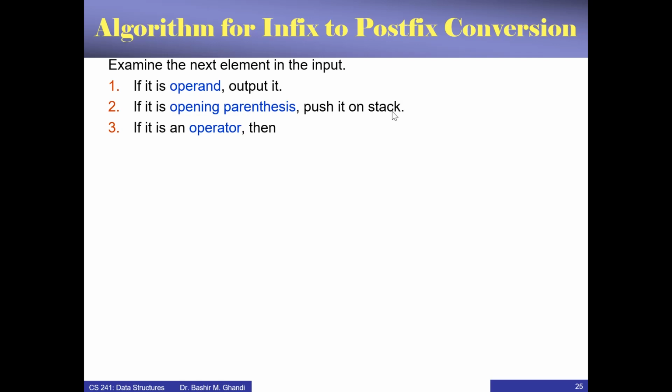In fact, you cannot even have two operators of equal precedence, like plus and plus, or plus and times, or times and slash. You cannot have one of them on top of the other. Only higher is allowed to go on top of lower.